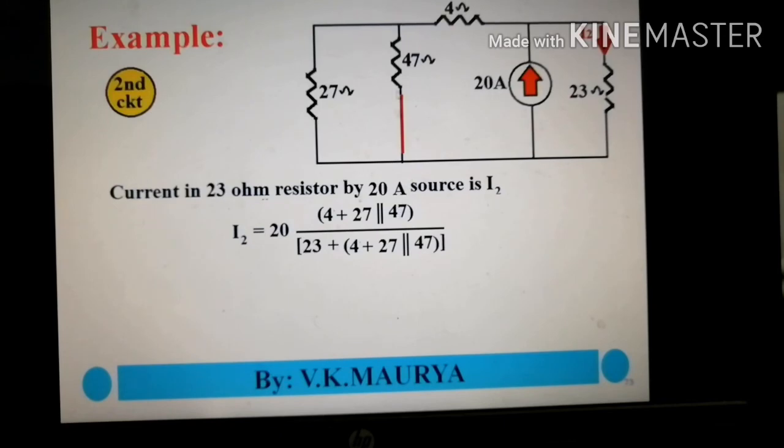This one, and this one is the total resistance of the circuit. After solving, it is 9.58 ampere in downward direction. I2 is the current having the value of 9.58 ampere in downward direction, right, which passes through this 23 ohm resistor.